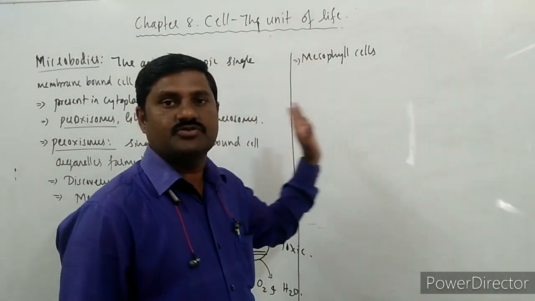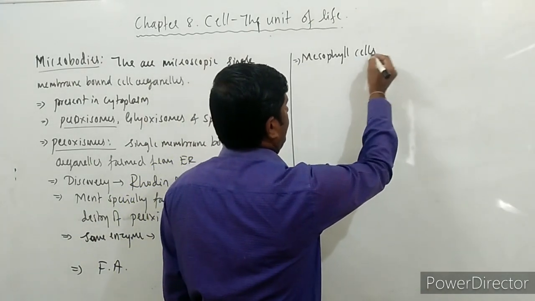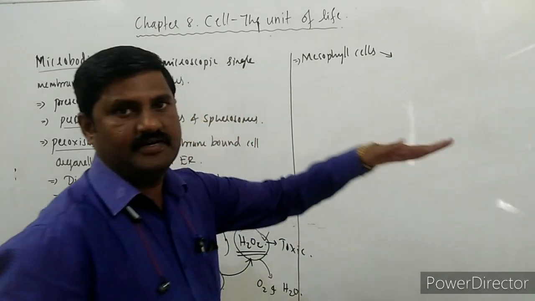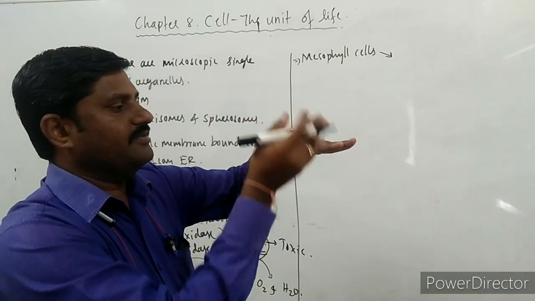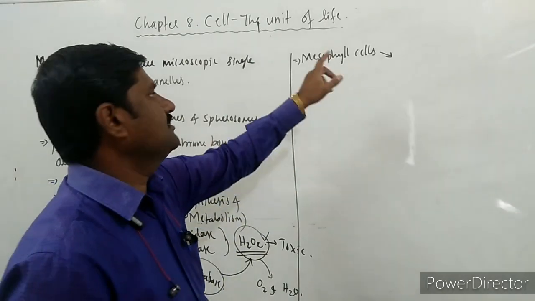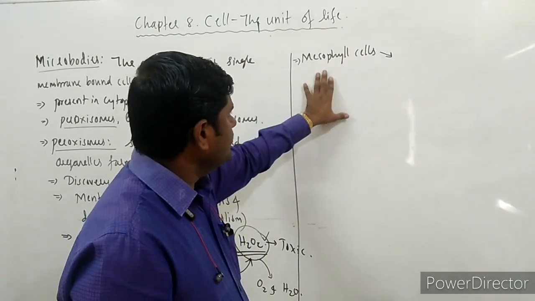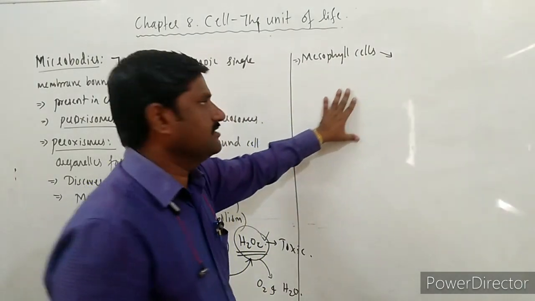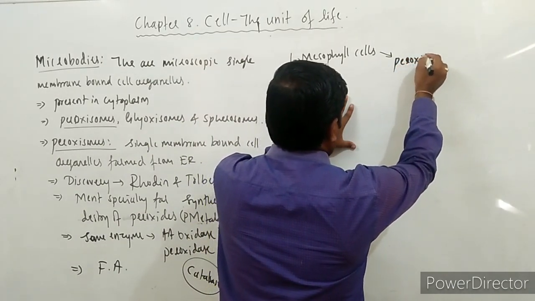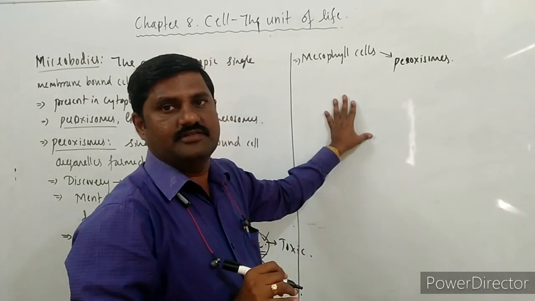If it is a leaf, then there is the upper epidermis and the lower epidermis, and in between these two epidermis there is a tissue called the mesophyll tissue. So these mesophyll cells mainly consist of peroxisomes.